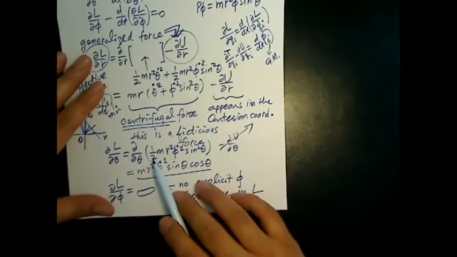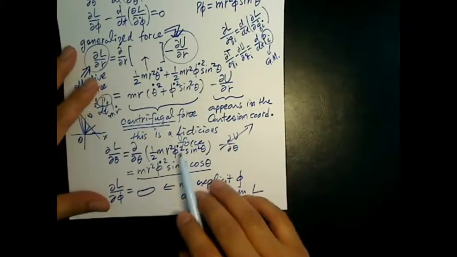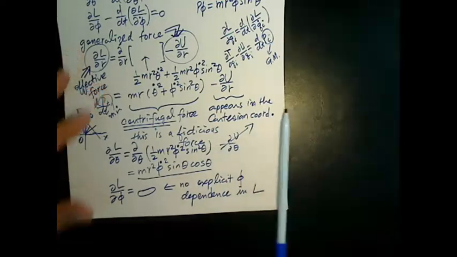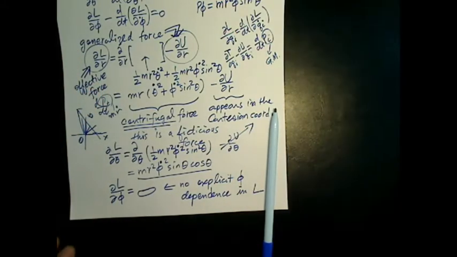If I take the derivative, the remaining piece will be the same, but sine squared theta becomes 2 times sine theta cosine theta.